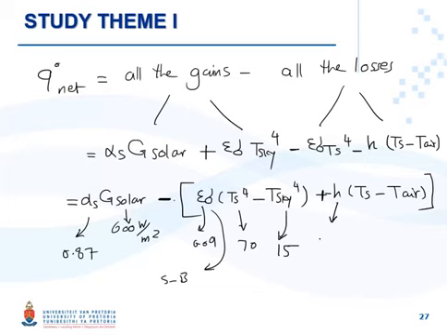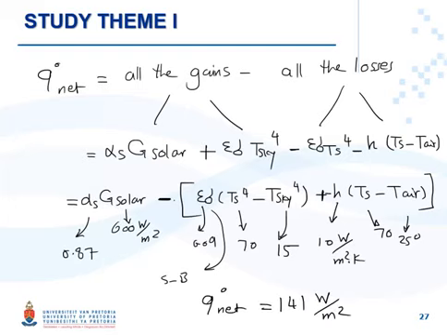H, which is 10 watt per square meter Kelvin. Here Ts we have at 70, and T air we have at 25 degrees. So we have all the information. The only thing that we need to do is use the calculator. The final answer, the Q dot net, will be equal to 141 watt per square meter.